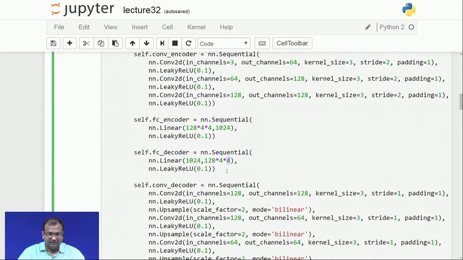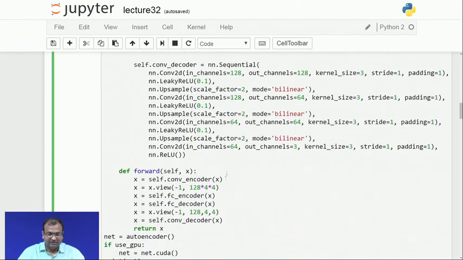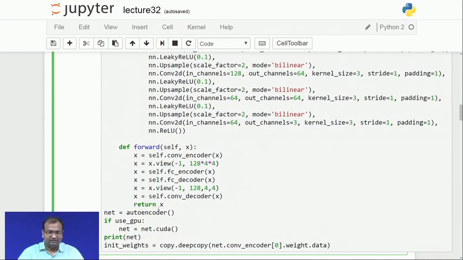Once I am over here, there is a bunch of linear neurons which have to be undone and converted again onto my vector space of 128 cross 4 cross 4. Now, you can pass this 128 cross 4 cross 4 sized tensor onto the convolutional decoder block. Once I come down over here, I see that my output size is the same as the input which I had provided.